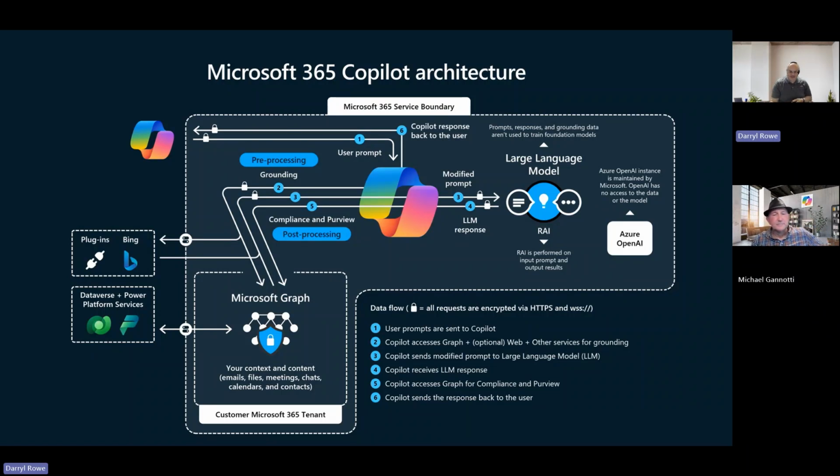So as you can see, everything here is encrypted. We have locks on there, but everything lives within the tenant, including going out to the web, right? So the large language model lives in Microsoft Cloud. This one is part of EDP. So if you do a search, for example, and it's a web prompt and it's grounding on the internet, the only thing that goes out to the internet is the actual search term, right?